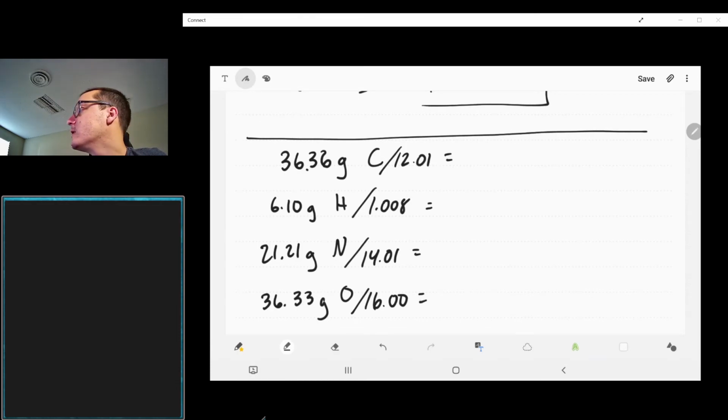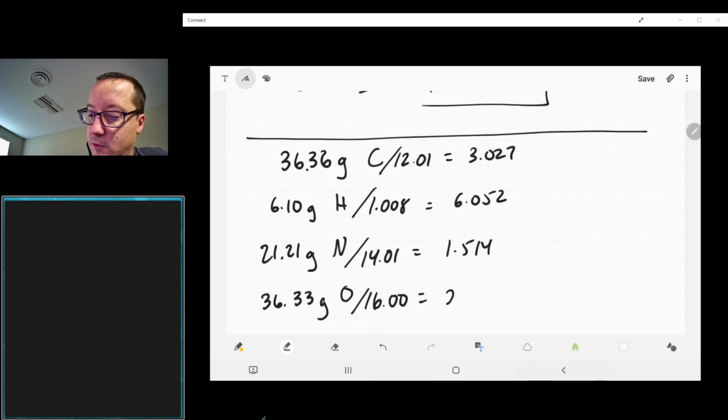Let's see what we get. 36.36 divided by 12.01 gives 3.027, thereabouts. 6.1 divided by 1.008 is about 6.052. For nitrogen, 21.21 divided by 14.01 is 1.514, we'll say. And the last one is oxygen, 36.33 divided by 16, and that's 2.27.